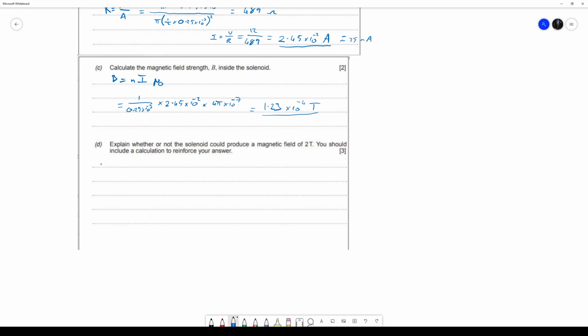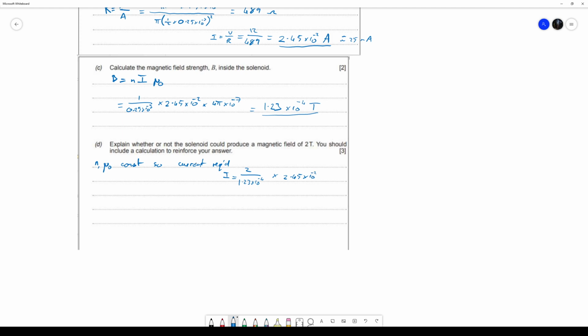Since n and mu naught are constant, the current required would be equal to 2 Teslas divided by this answer that I've got. That many times greater than the current that there was, which was 2.45 times 10 to the minus 2.